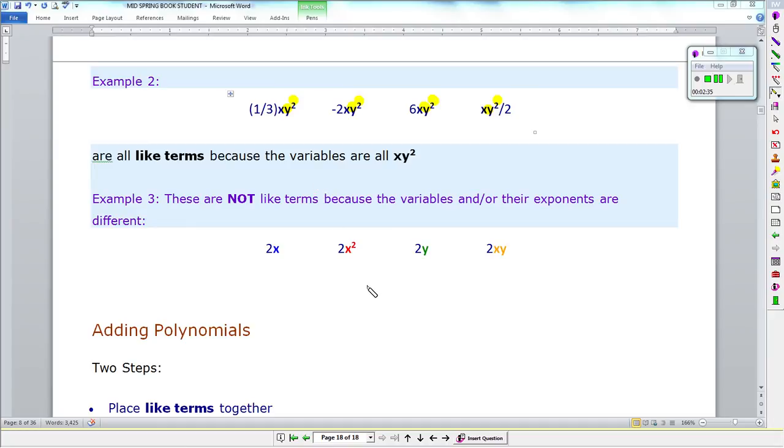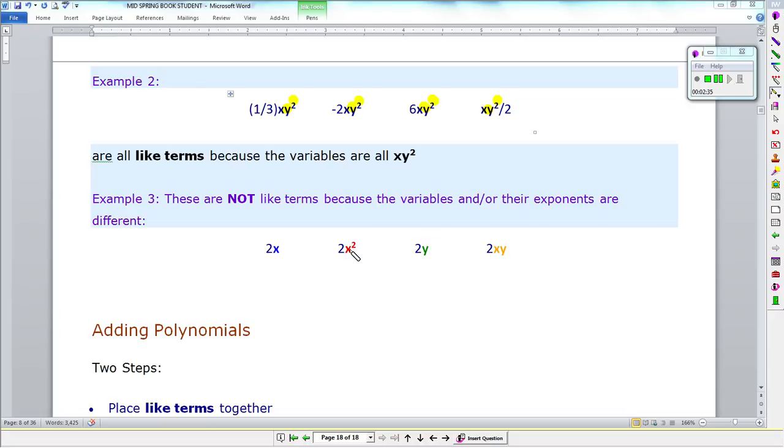Now let's look at example 3. These 4 terms are not like terms. Why are they not like terms? Because they don't have the same variables. The first term only has x, and the next term has x with an exponent of 2, while in the first term the exponent is 1. So they have the same variable, but they don't have the same exponent.